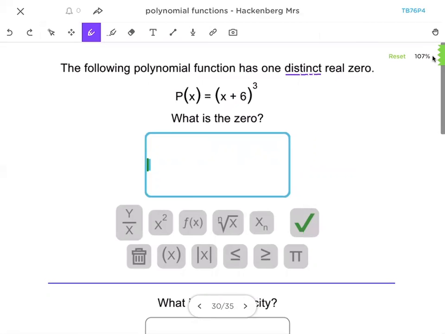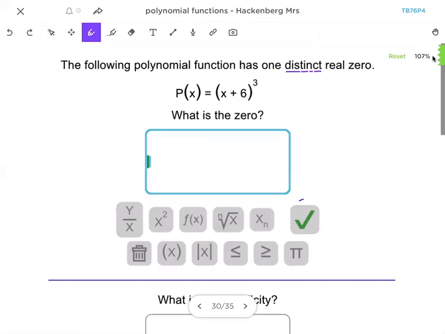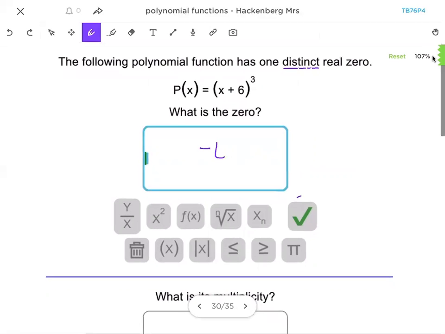Just so you know how to answer this, we want to basically say that 0 would be at -6. Technically, let's set the factor equal to 0. Subtract 6 from both sides, and there you get x equals -6. That root there at -6 would have a multiplicity of 3.